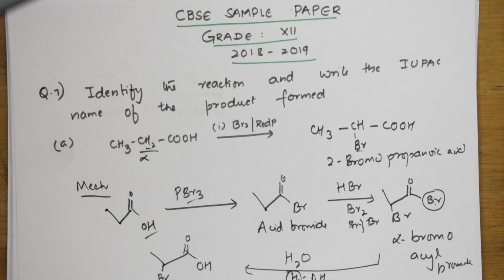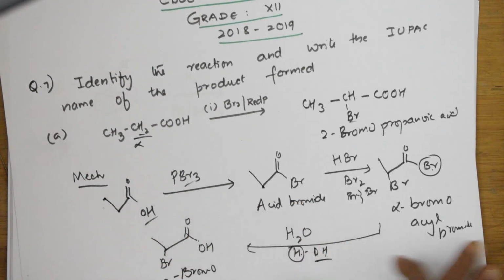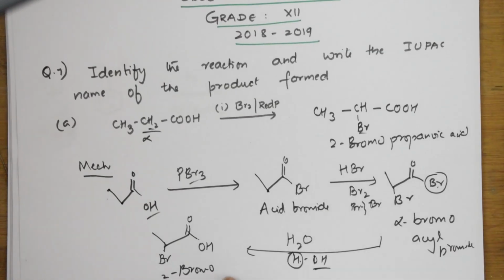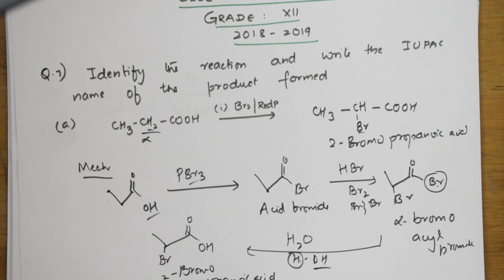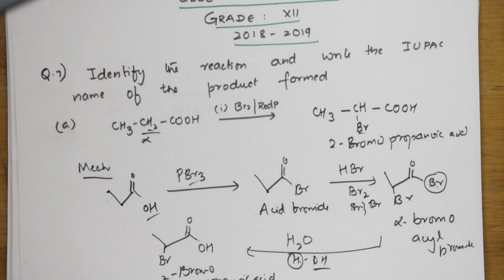What is the name of this compound? This is 1 carbon, this is 2 carbon, this is 2-bromo propanoic acid. Now see here, this is 2-bromo propanoic acid, this is also 2-bromo propanoic acid.